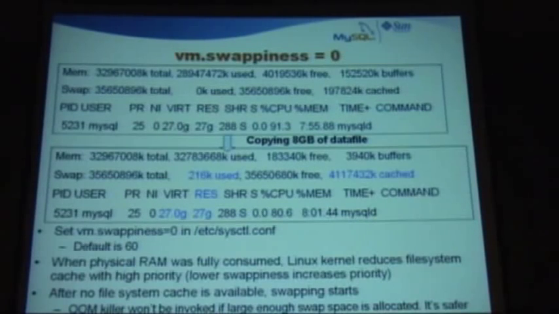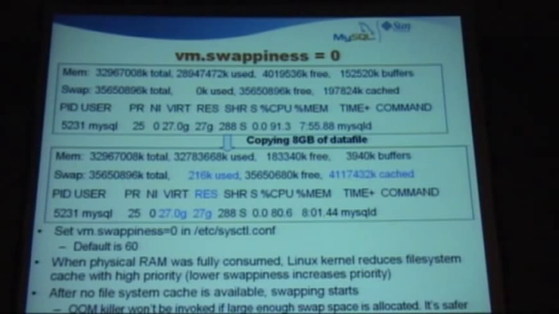How can I avoid swap? Set vm.swappiness to 0. This is a good practice. By setting vm.swappiness to 0, when physical memory space is fully consumed, the Linux kernel reduces file system cache with high priority. Lower swappiness increases that priority.